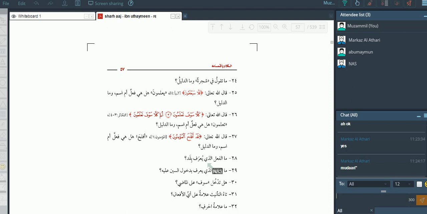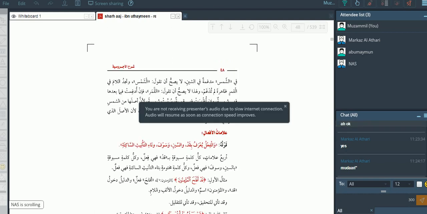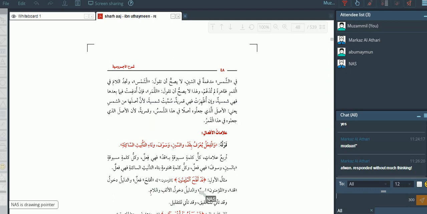Actually قد أفلح, أفلح is فعل ماضي. فقد فاز. In the Quran, Allah Ta'ala says وقد فاز. So فاز is also فعل ماضي. So it definitely comes as فعل ماضي.